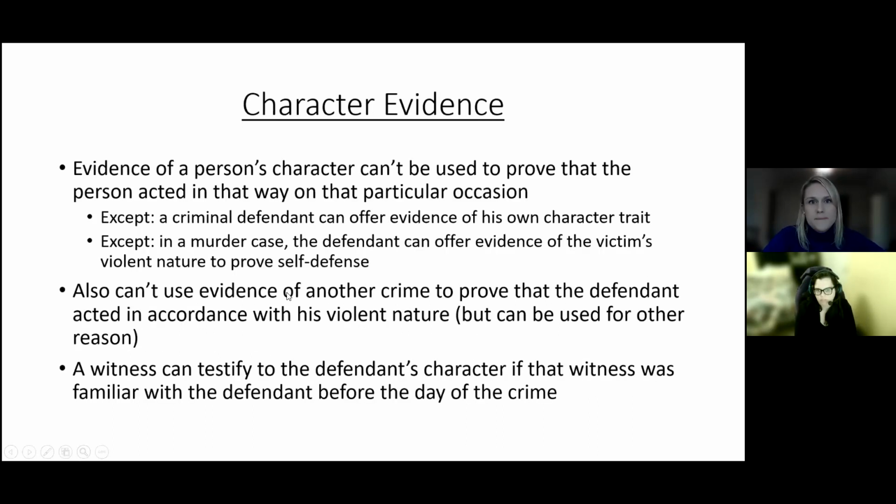Character evidence. This is kind of like what I was just talking about: a person's character can't be used to prove whether or not they did something on a specific day.